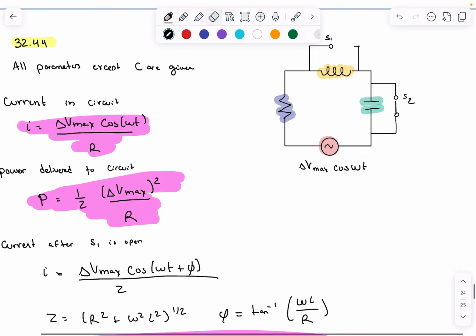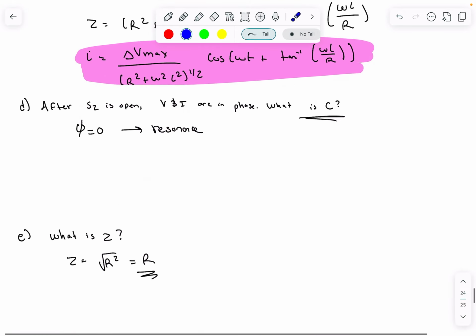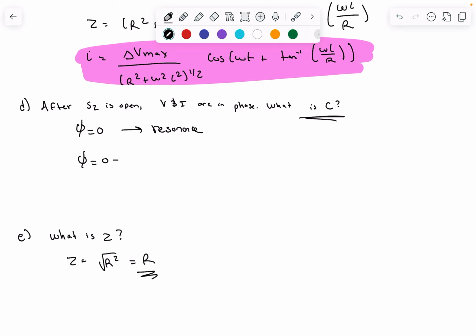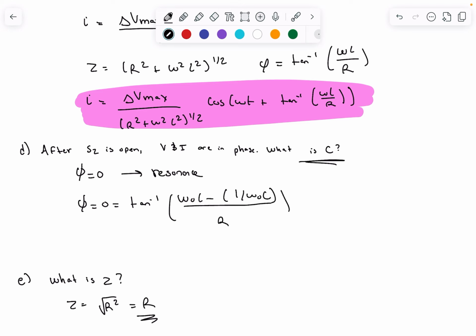So let's just look here. We're opening up S2, and now the current flows through R, L, and C. So we have that full equation. If we go ahead and write that out now, phi being equal to 0 means that the inverse tan of (omega naught L minus, now we have XL and XC, 1 over omega naught C) divided by R is also equal to 0.